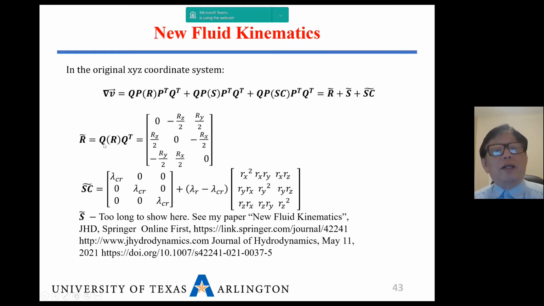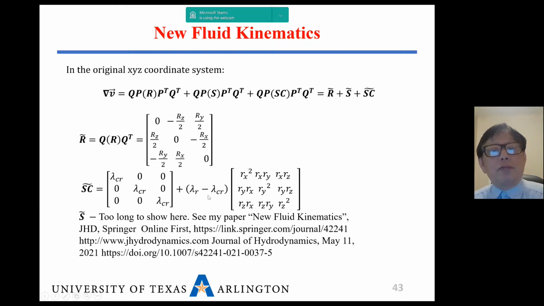Well, the rotation part is easy because this matrix is Galilean invariant. The SC part, we also can find it. It has two parts. One is a diagonal matrix. The other one is dominated by the Newton's core line.